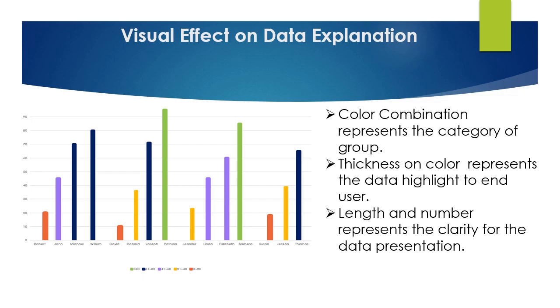Since they are in the green category, there is significantly an excellent relation between the student and these two students above. The student has a very good relationship with Michael at 70%, William at 80%, Joseph 71, and Thomas 65. All are in the same range.